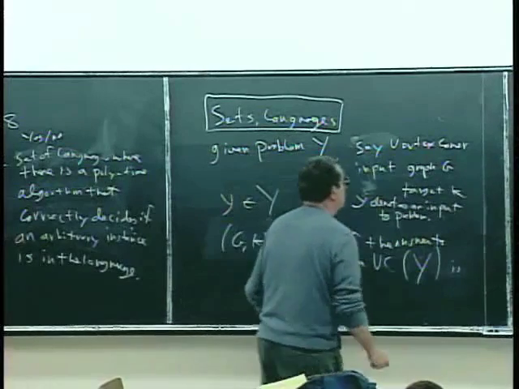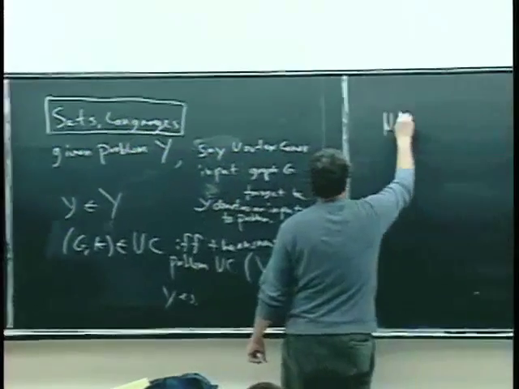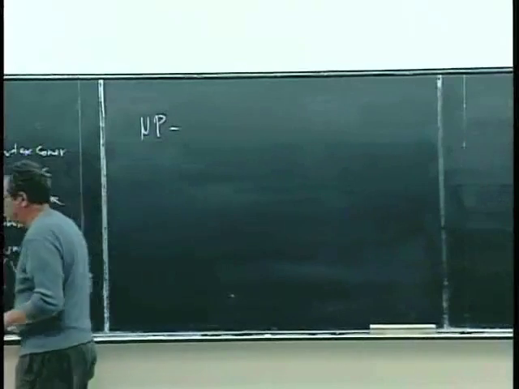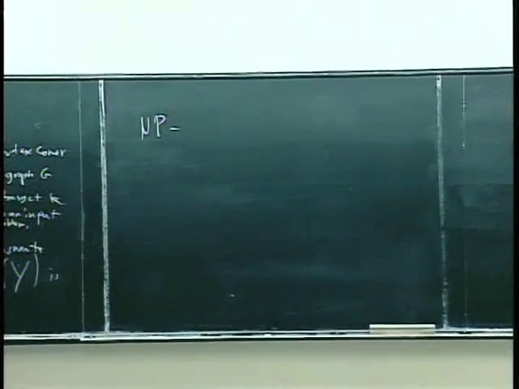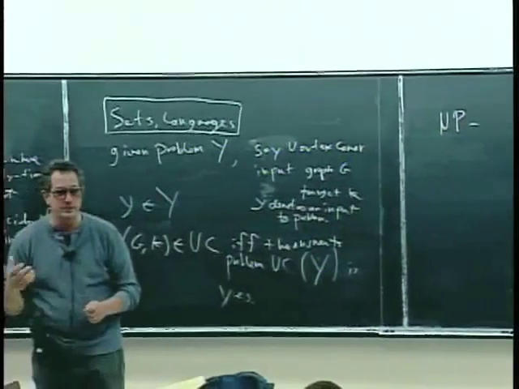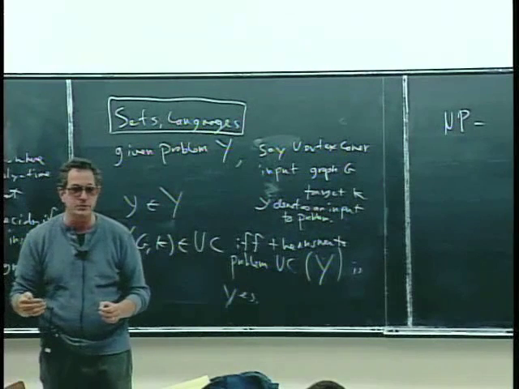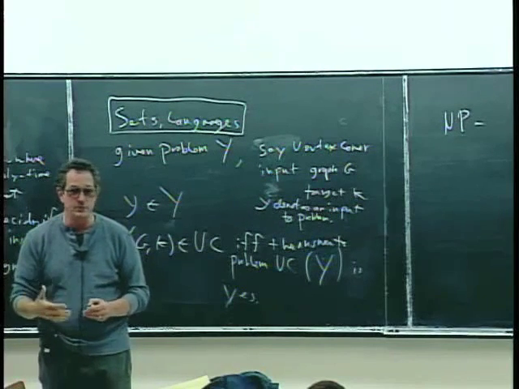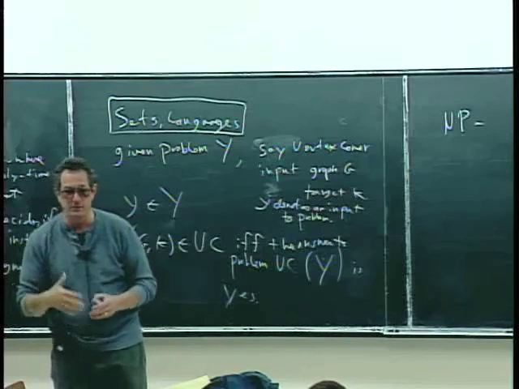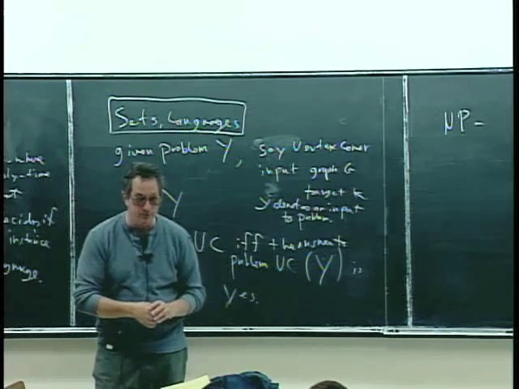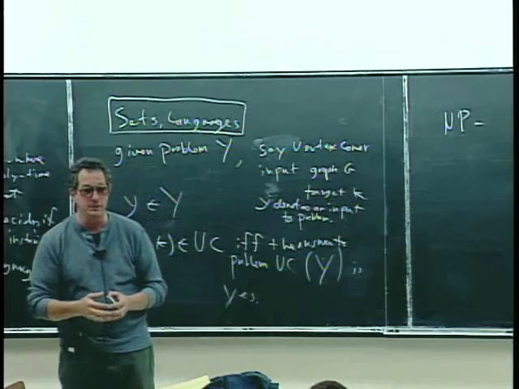Now, NP. Last time I said informally that was the set of problems such that there exists a polynomial time algorithm that can take in a proposed solution and check if that proposed solution is correct or not. And we saw some examples of that. For example, a vertex cover is in NP.